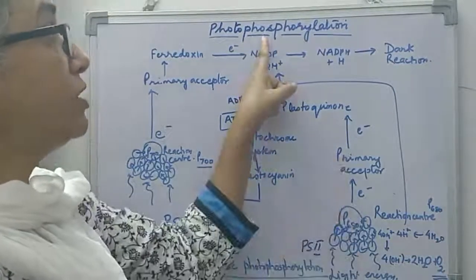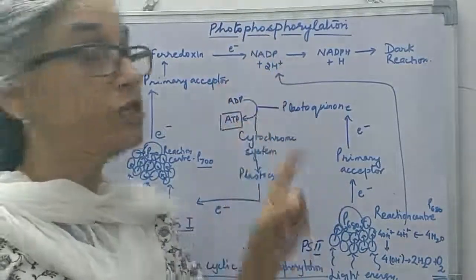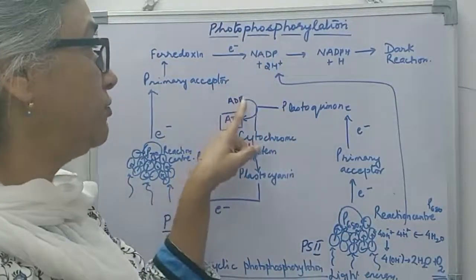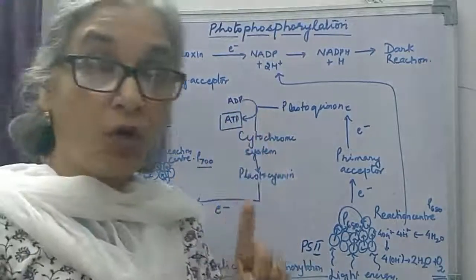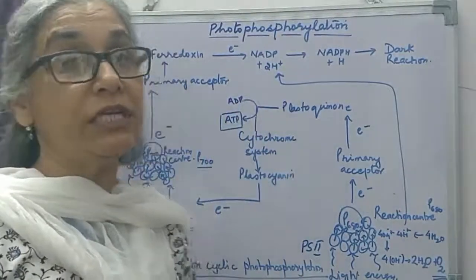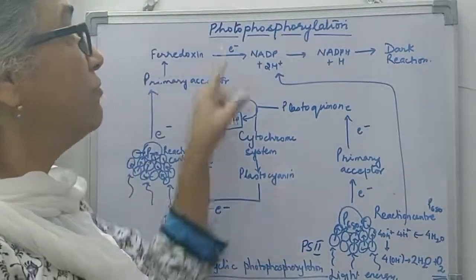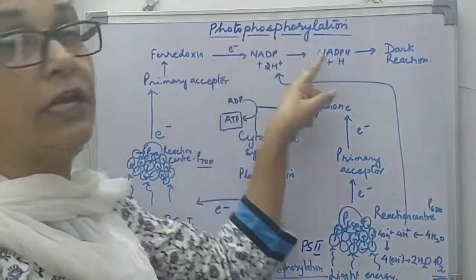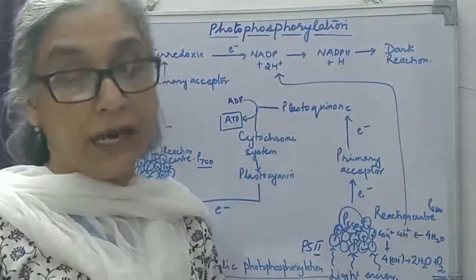As I told you, phosphorylation means formation of ATP from ADP, and because ATP formation takes place in presence of light, we call it photophosphorylation. Photo means light.